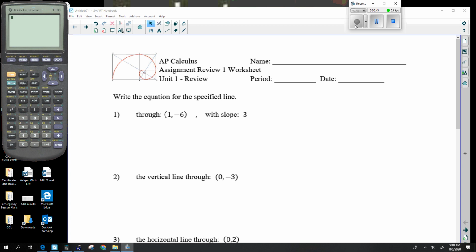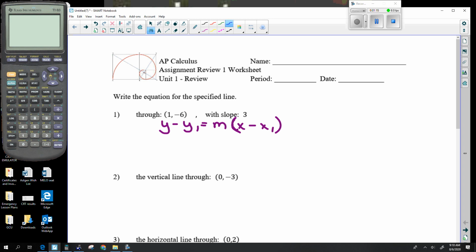All right, so the first thing is write an equation of a line. So we are looking for y equals mx plus b. So again, y minus y1 is equal to m(x minus x1). This is really the formula that you should be getting familiar with as far as lines are concerned.